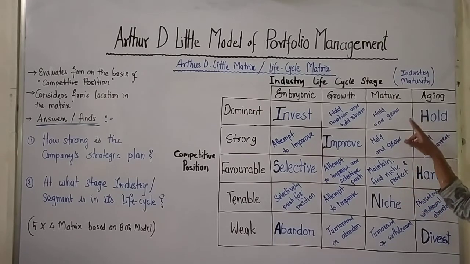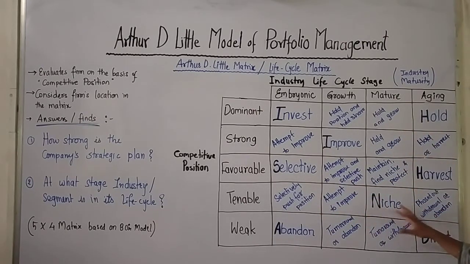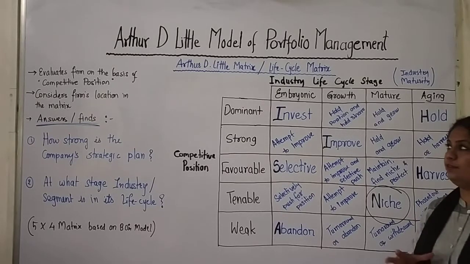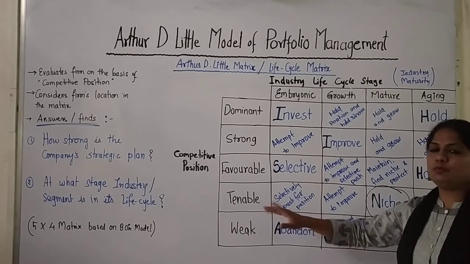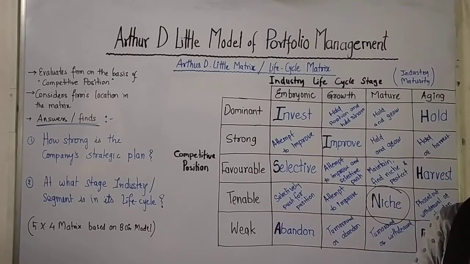So as we are moving from maturity and attainable stage, here it suggests the niche. That means be selective, because the industry is already matured, there are a lot of competitors, the industry has made its profits and it is still growing, but your competitive position is not so favorable.